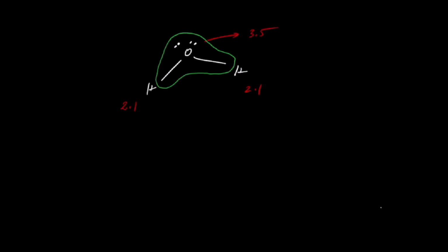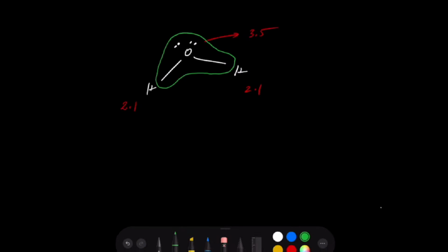Now I will count these electrons with oxygen. So oxygen has how many electrons? 1, 2, 3, 4, 5, 6, 7, 8. Oxygen has 8 electrons. While calculating formal charge, I was assuming that two electrons are shared equally by two atoms between which the bond existed.